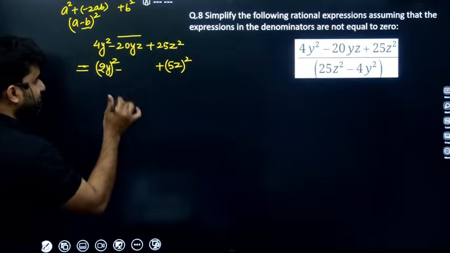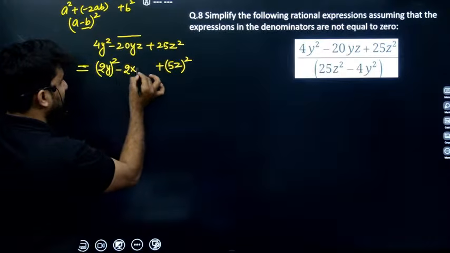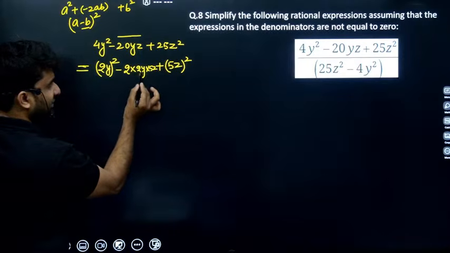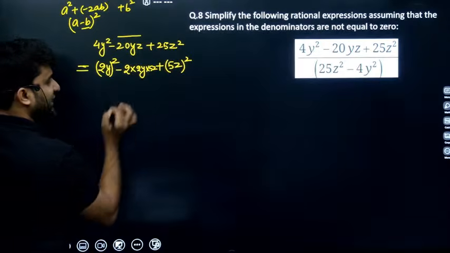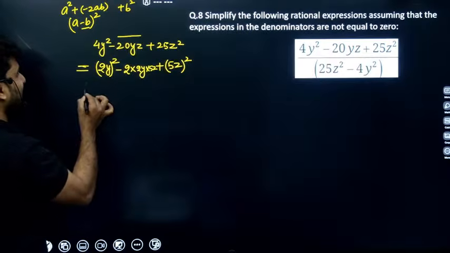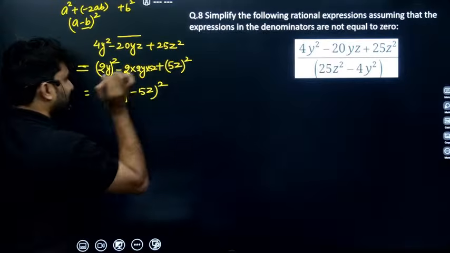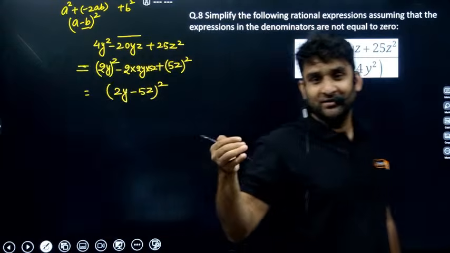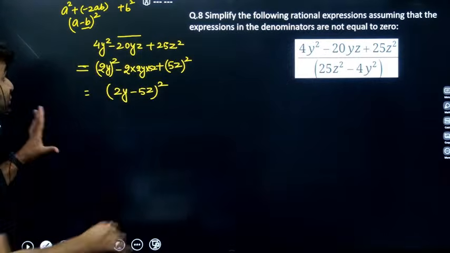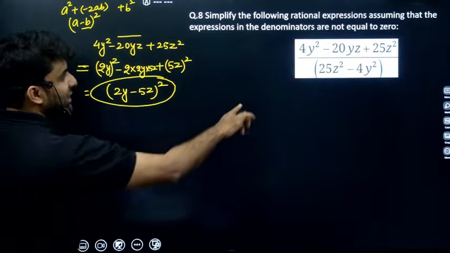So here we can write minus 2 into 2y and 5z. 5 times 2 is 10, 10 times 2 is 20, and y into z. So this is a square plus b square minus 2ab, and we can modify this as 2y minus 5z whole square. Clear, everyone? This is the identity of a minus b whole square. So we can replace this numerator with this. Clear, everyone?